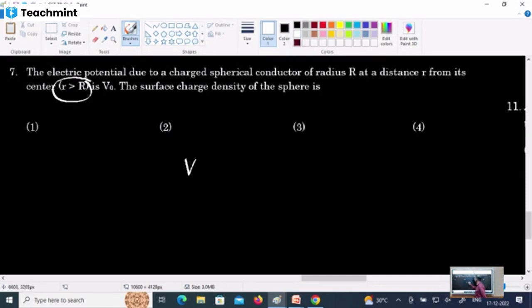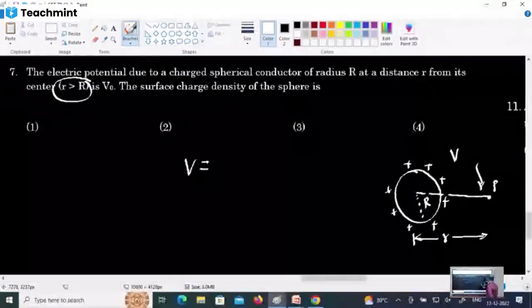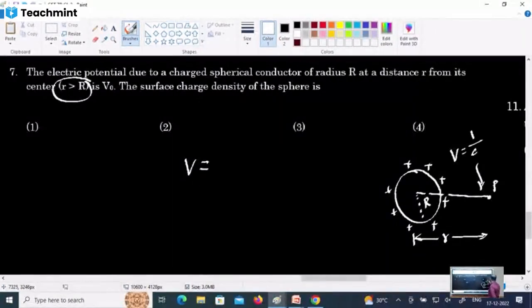We need the potential due to a spherical conductor at a point outside it. You know this has radius R. At this point P, if it is a distance r away, the potential here at point P is given by 1 by 4 pi epsilon naught q by small r.